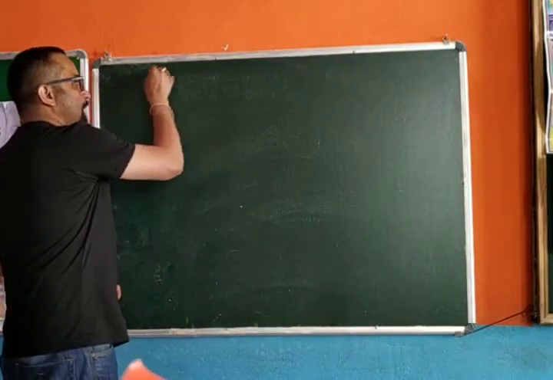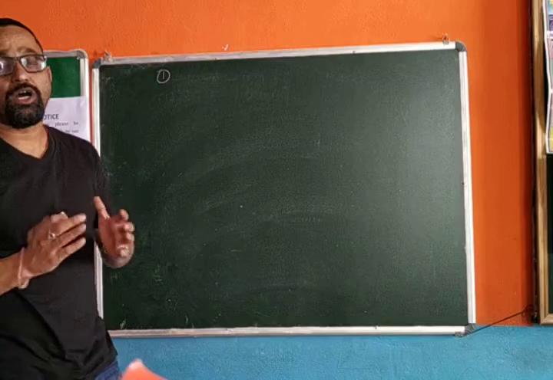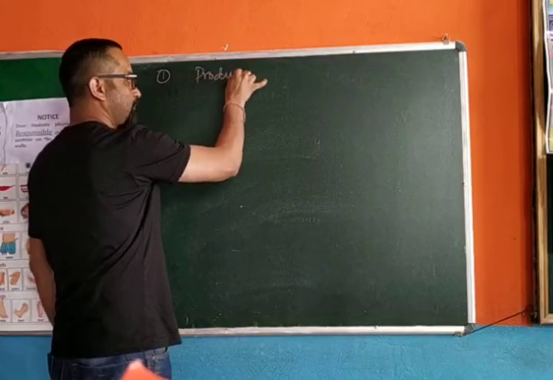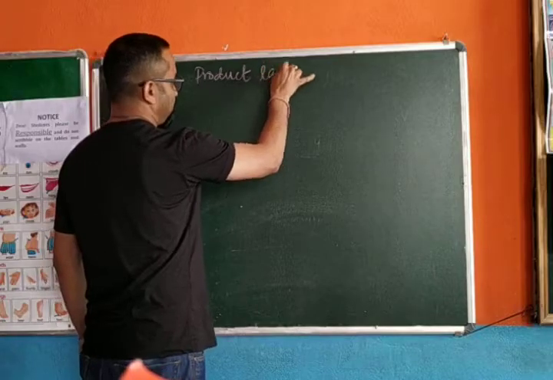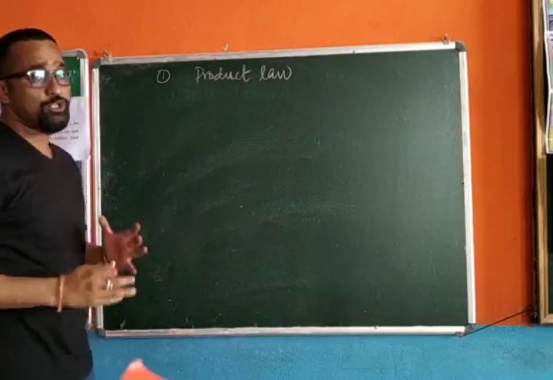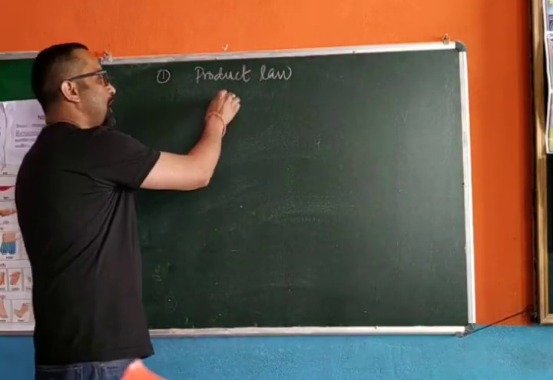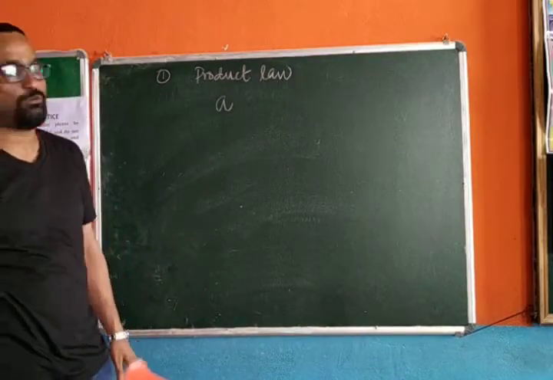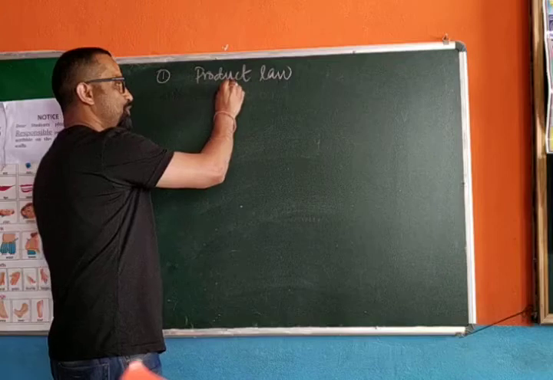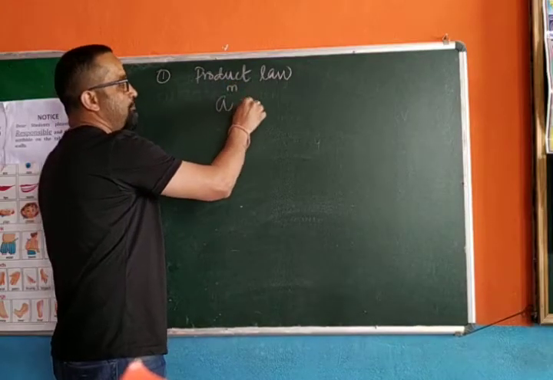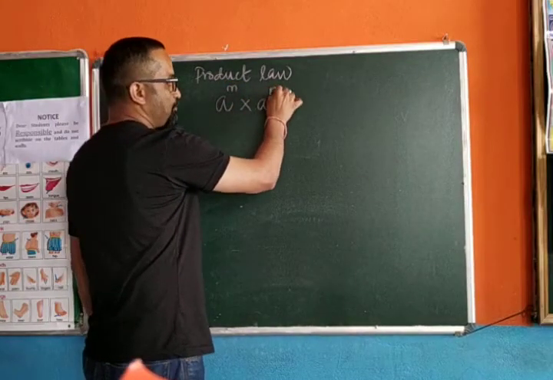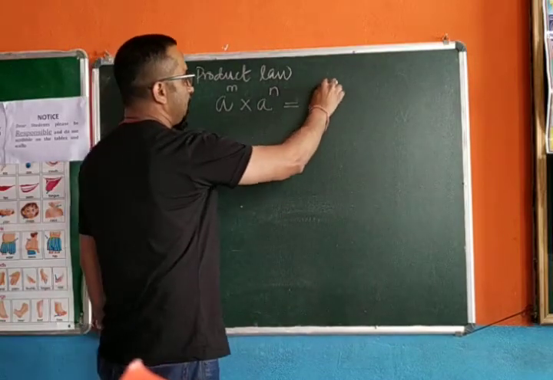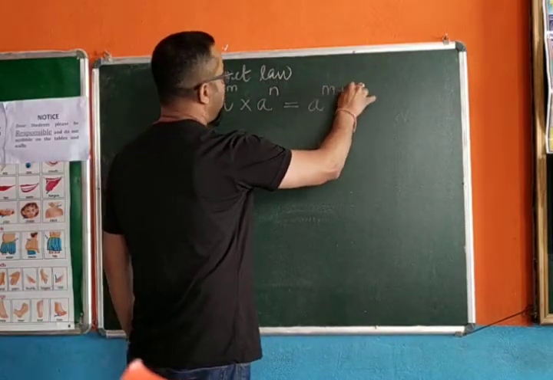The first one is called the product law. This law tells you that when we have an exponential term, a to the power of m multiplied by a to the power of n, we can directly write it as a to the power of m plus n.